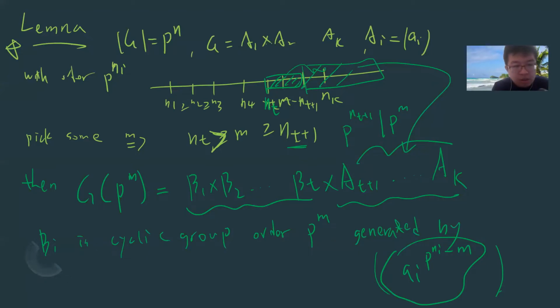Let's say the order of G[p^M] is p to the U, because it's a p-group, so it must be a prime power.